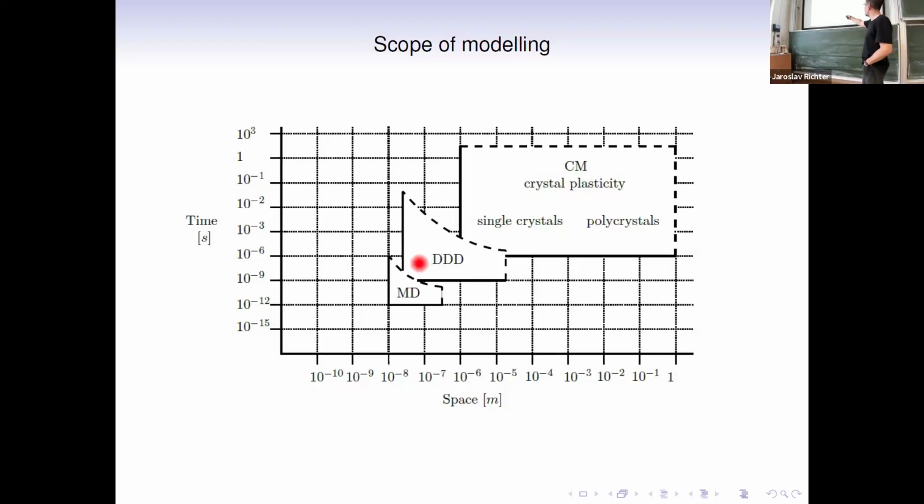So the objective of dislocation dynamics theory is somehow to fill the gap between the fully continuous models and the atomistic models. And of course, you can see there is quite a wide range of the space scale. The more to the right we are, the more dislocations and the rougher description we consider.